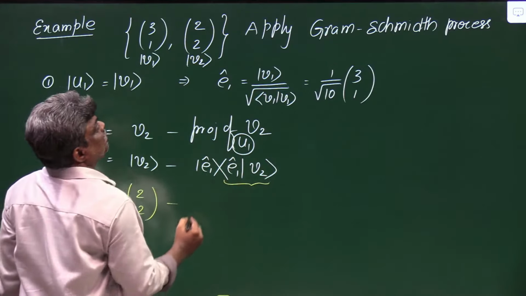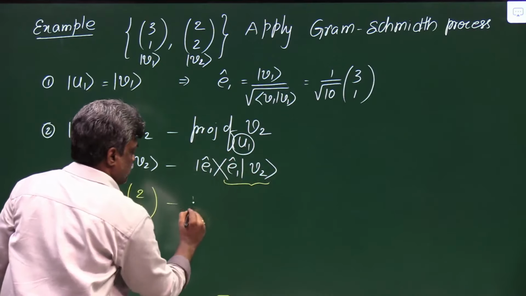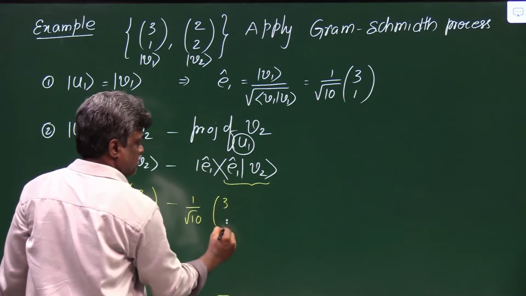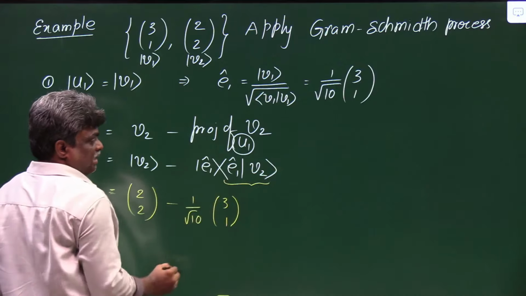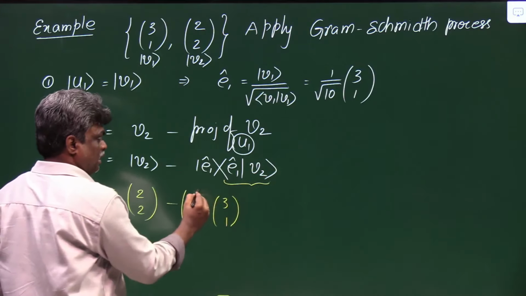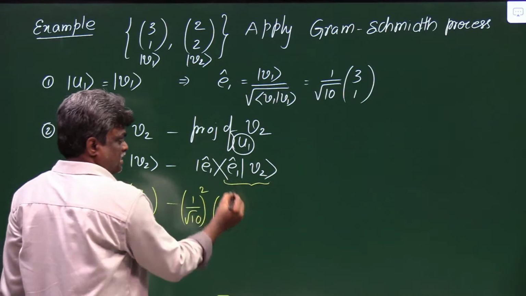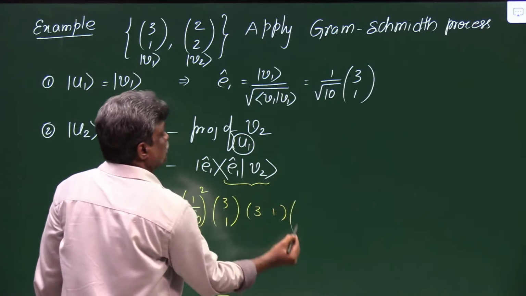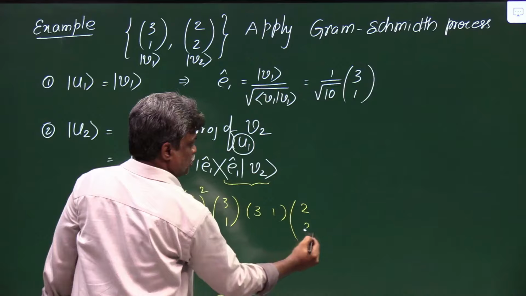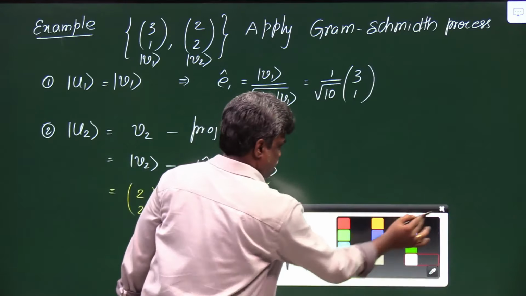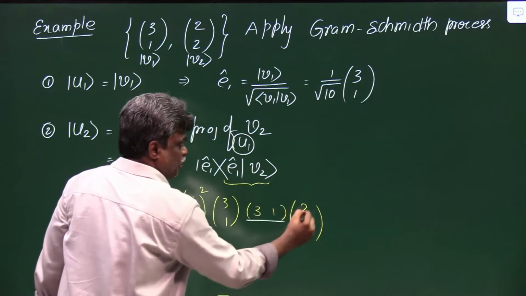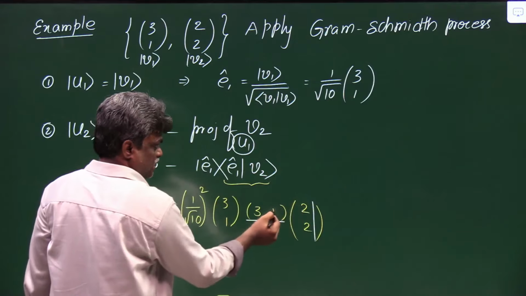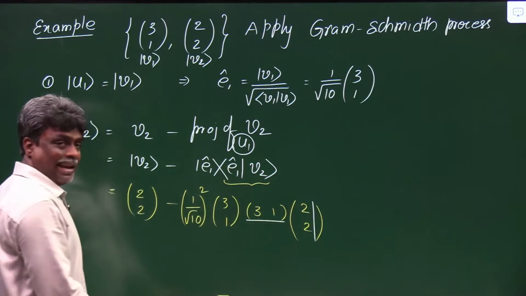This is the ket vector, so that's why e1 cap, which is 1 over root 10, is a column, and this is the bra vector, again 1 over root 10, whole square, but this is a bra vector, that's why I have to write it as a row matrix, and this is v2, the given one, (2, 2). Now we just find this product. This is a row and a column. 3 twos are 6 plus 1 two, that is 8.